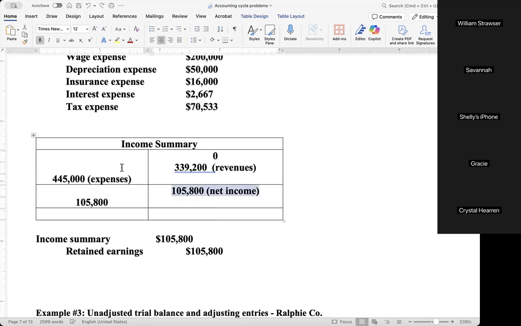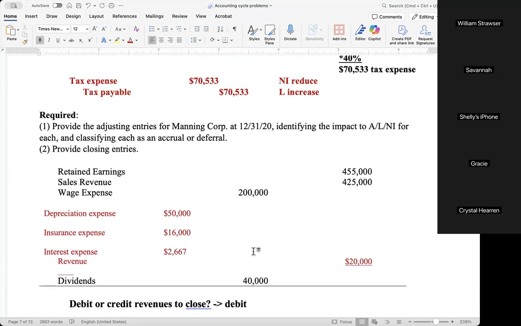Here, we had the opposite situation and we had income. That should be credited to retained earnings because net income, positive income, increases retained earnings. So now that we got that effect on retained earnings, what's the other account that affects retained earnings besides our income? Dividends?